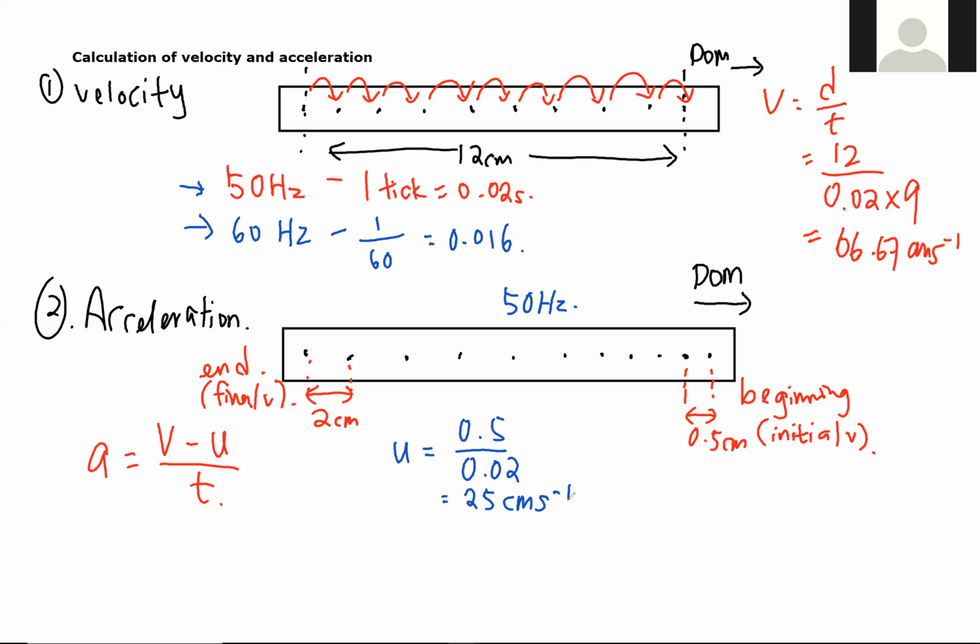This is your initial. Now calculate your final velocity v, the last 2 dots, which is 2 cm divided by 0.02, and that will give you 100 cm s minus 1. Okay, so you got your initial and final velocity.